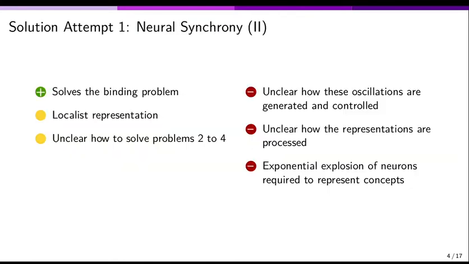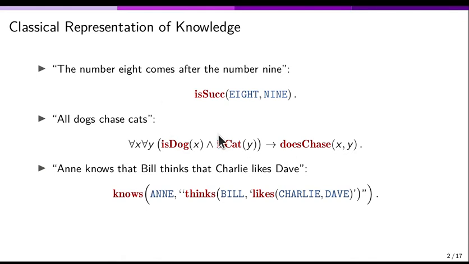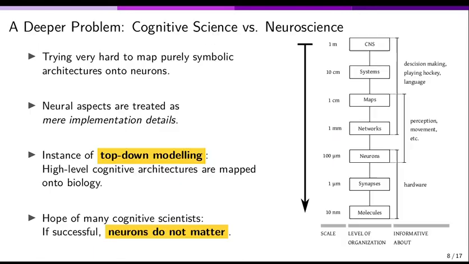Because the high-level theory needs to do stuff like this, I should be able to continue thinking at this level and not have to worry about the neural. It'd be great to have the neural implementations. That would make me much happier. But an aspect of the hope was that the neurons don't matter.